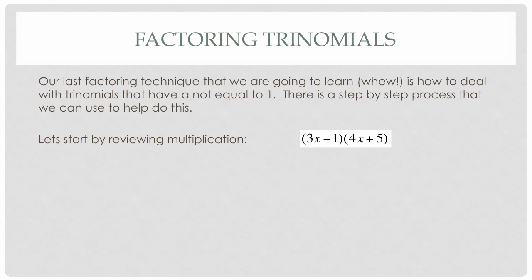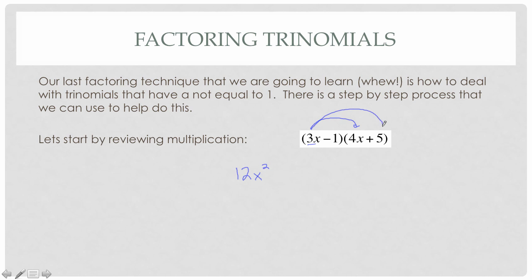negative 16. So let's again review multiplying, because factoring is multiplying in reverse, and it helps us see some of these patterns. So if I'm multiplying 3x minus 1 times 4x plus 5, multiplying each term out, 3x times 4x is going to give me 12x squared.